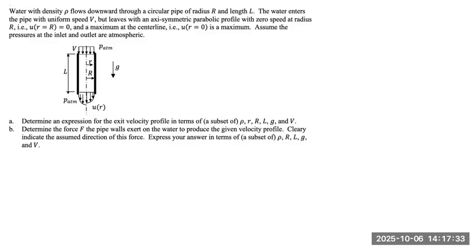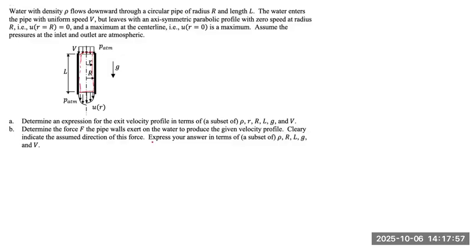The water enters the pipe with uniform speed V, but leaves with a different kind of speed. So this is our control volume. The water is entering it at speed v and leaving at speed u(r).